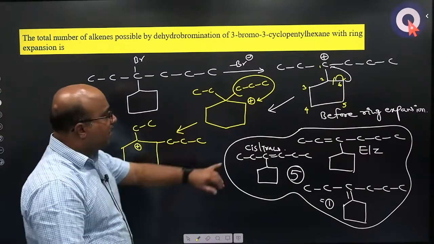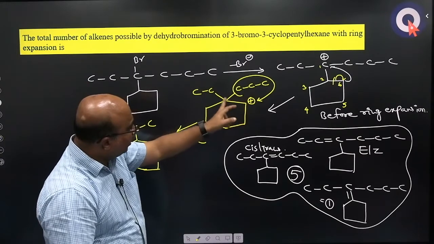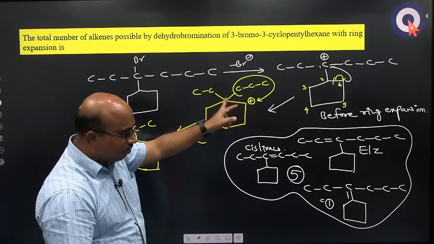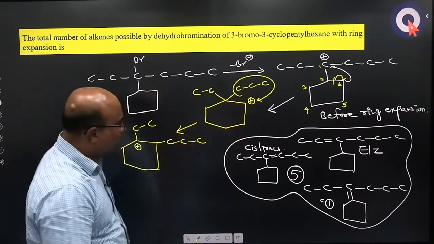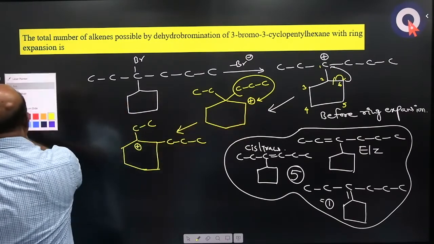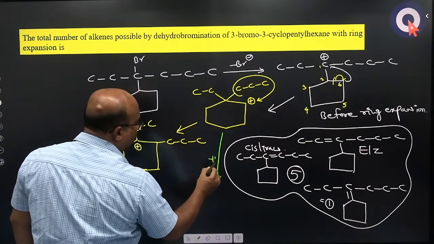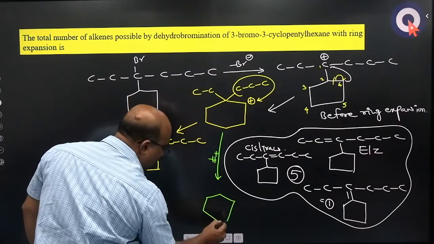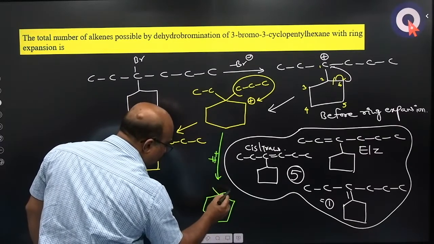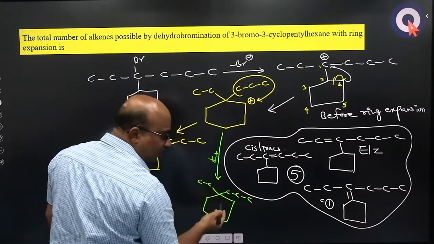So how many may we be getting here? From this do we get any alkenes? At this carbon we can't see any loss of hydrogen. So we will see loss of hydrogen only from here. So what is the direct alkene that we get from here, with the loss of H plus? That is, you will see this maybe. Their intention is to ask this one also, because ring expansion has already happened.